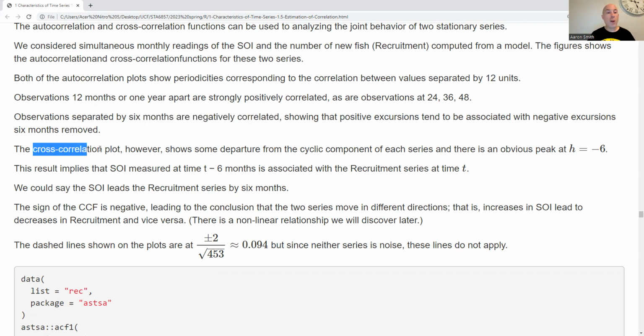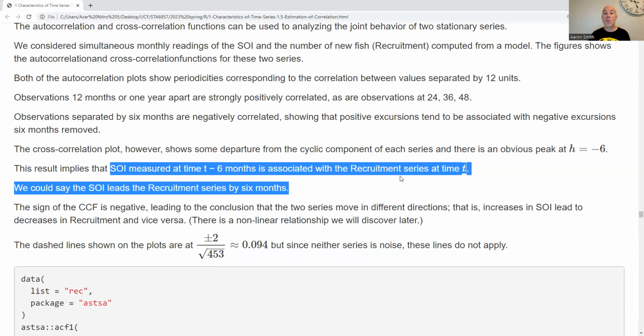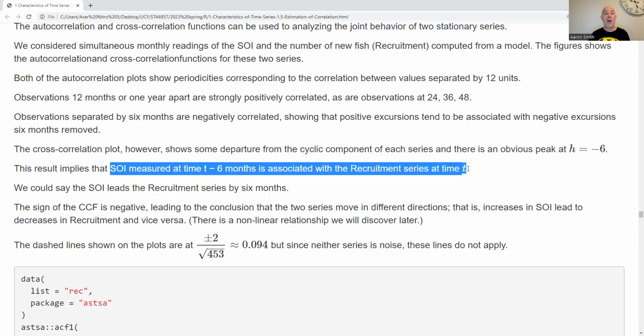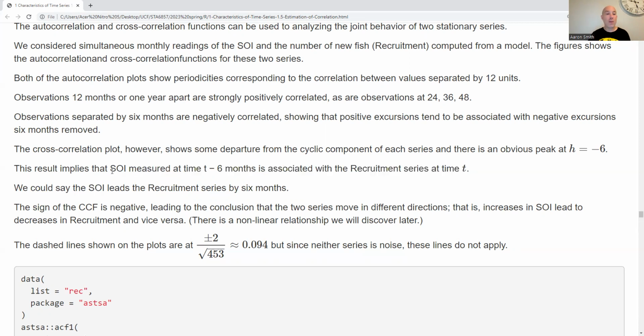The cross-correlation plot, however, shows some departure from the cyclic component of each series, and there is an obvious peak at lag of -6. The results imply that the SOI measured at time t minus 6 months is associated with the recruitment at time t. So when I look at the SOI 6 months into the future, we're seeing something going on with recruitment.